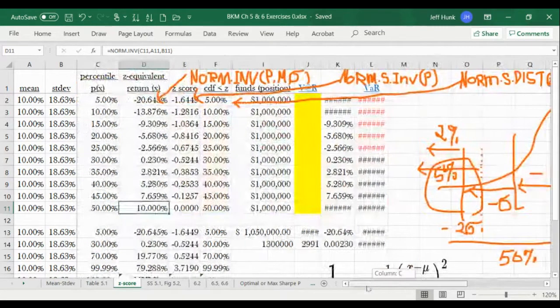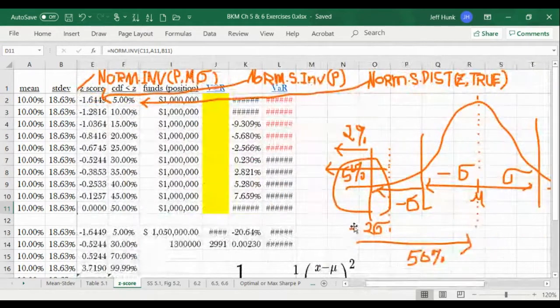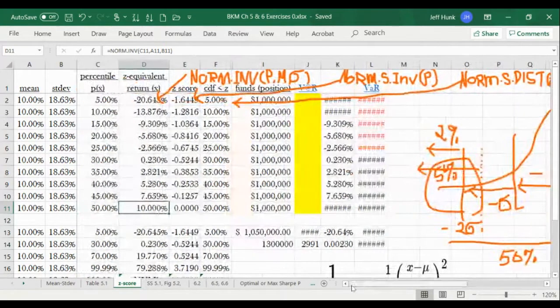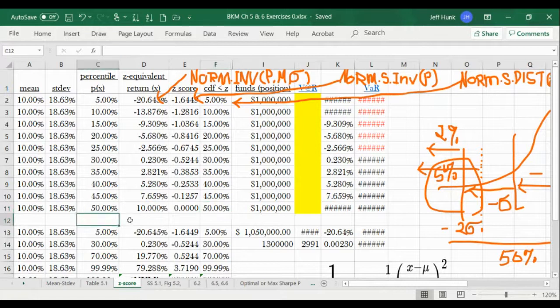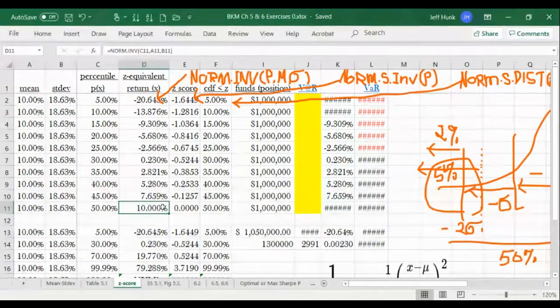At the 50% point, a cumulative probability of 50%, it should be 0, right? And that's the cumulative distribution. And then in our distribution, it should be at the mean of 10%.